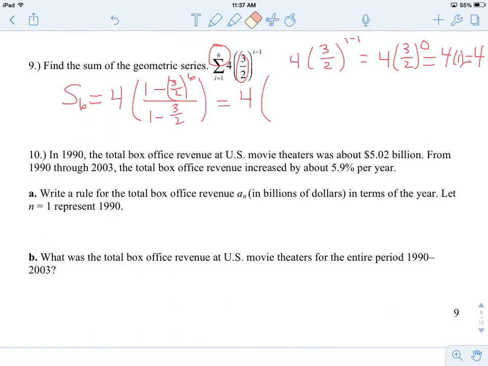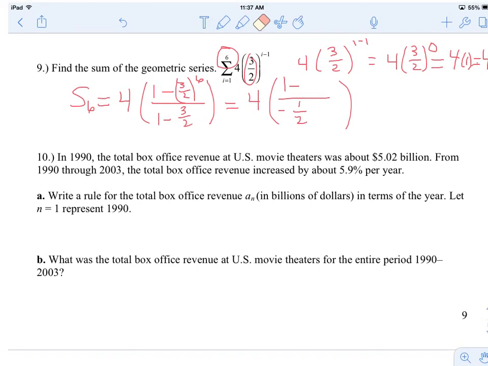So we have 4 times, the denominator will be negative 1/2. In the numerator, we have 1 minus, we have to figure out what 3 to the 6th power is. 3 to the 6th power is 729. 2 to the 6th power is 64.